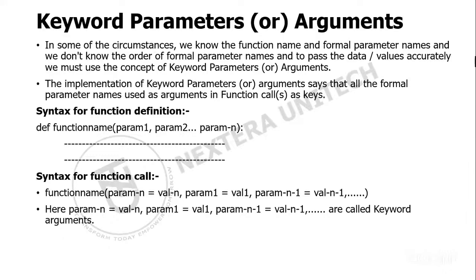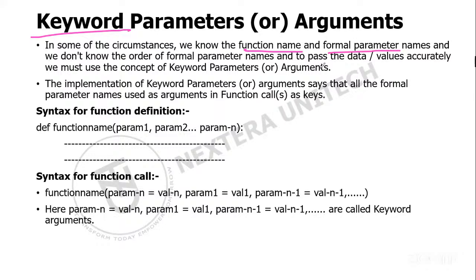Yes. Now let us go and discuss the third type of parameters or arguments. It is keyword parameters. See, in some cases, we know the function name and we also know the names of the formal parameters that we used.